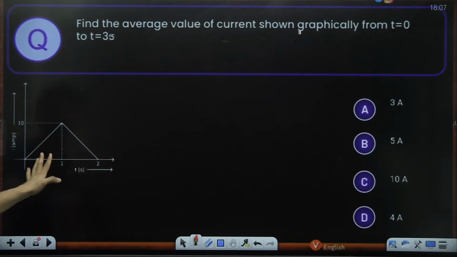When both are even, suppose 2 plus 4, 4 plus 8, 10 plus 12. Sum of two even quantities is going to give you even, and sum of two odd quantities is also even. So sum of two even quantity is also even. Sum of two odd quantity is also even.